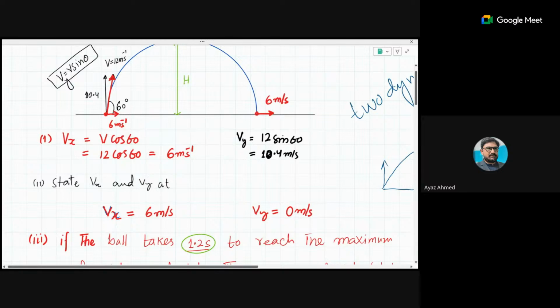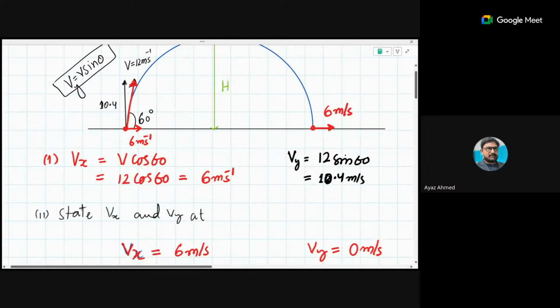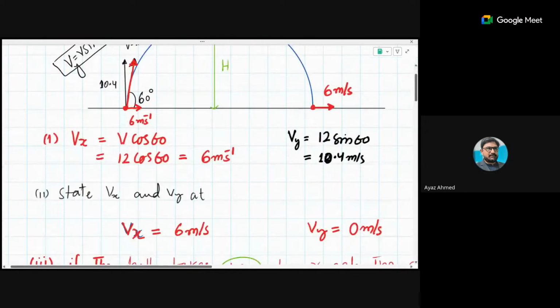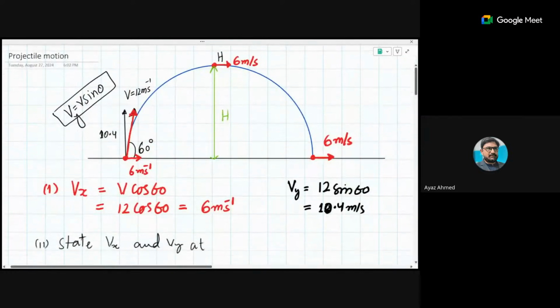If I say it is without any resistance, the horizontal component remains the same. There is no change in the horizontal component of velocity, but there is a change in the vertical component. The vertical component goes from maximum to zero at the highest point.